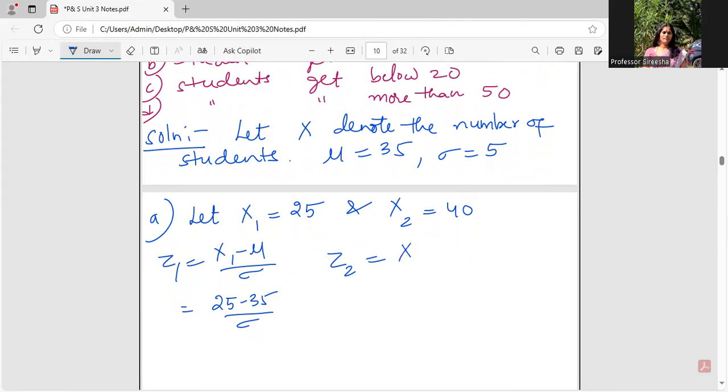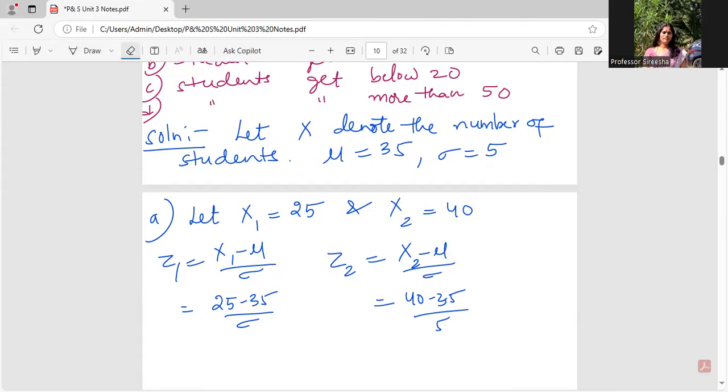This would be 40 minus 35 by 5. Sigma here also is 5. These are z1 and z2 values.